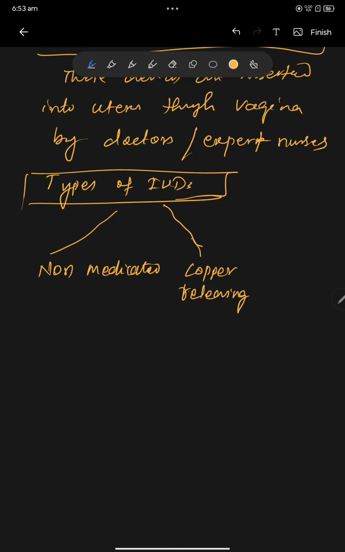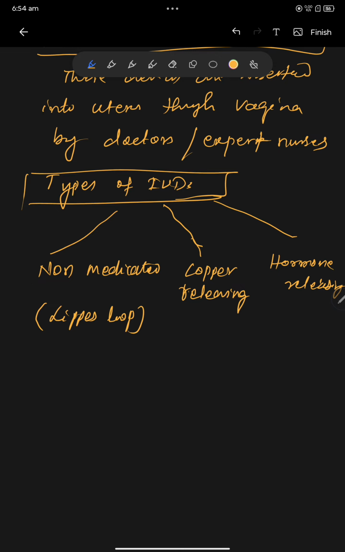And then hormone releasing. So these are the three types of IUDs. Okay. Now let me tell you the examples. The example of non-medicated IUD is Lippes loop. Very, very important, children.